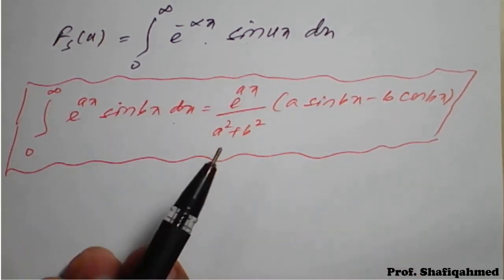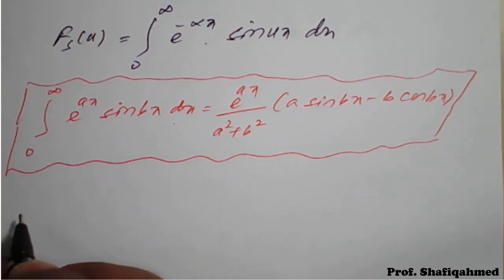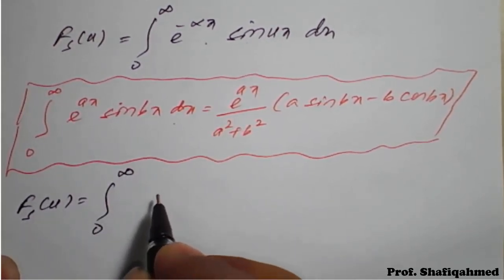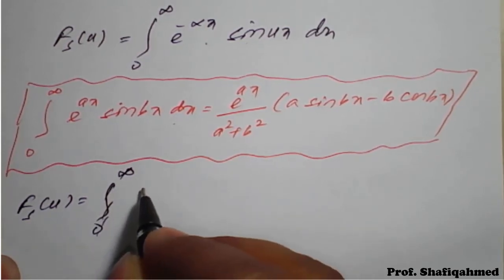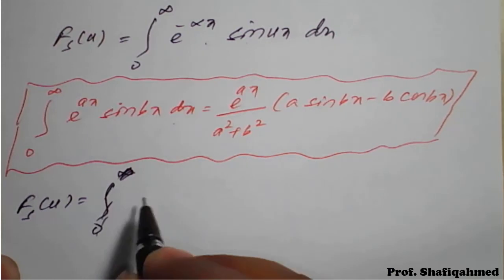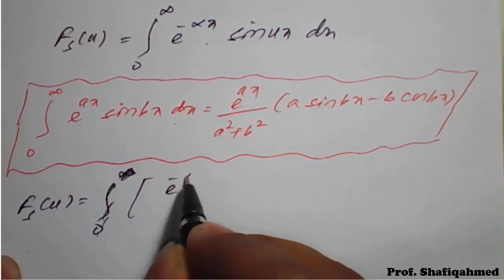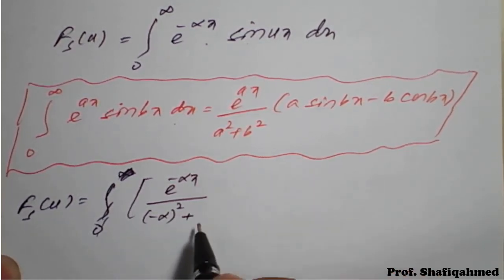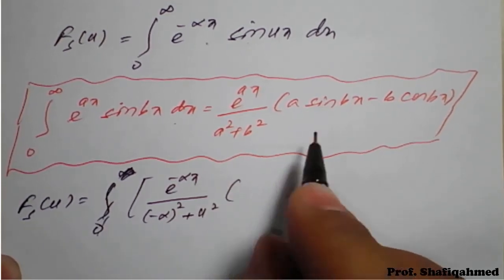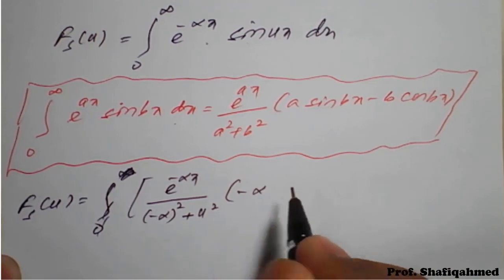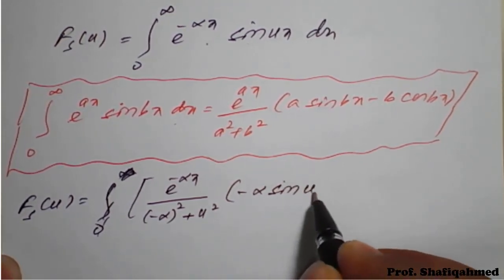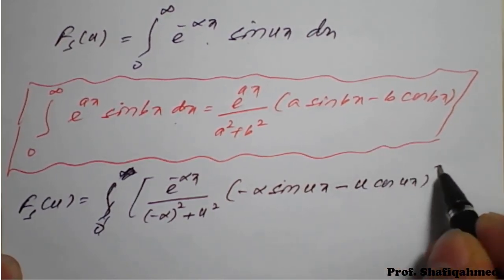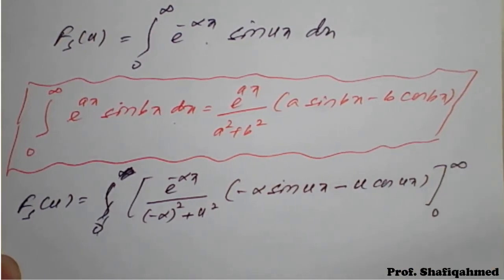Therefore our above Fourier sine transform will become fs of u is equal to, directly going for the simplification, e raised to minus alpha x divided by minus alpha square plus b value, which is u square, into a value minus alpha into sine of ux minus b value u cos of ux, with the limit 0 to infinity.